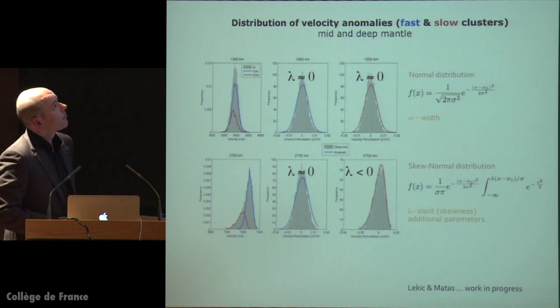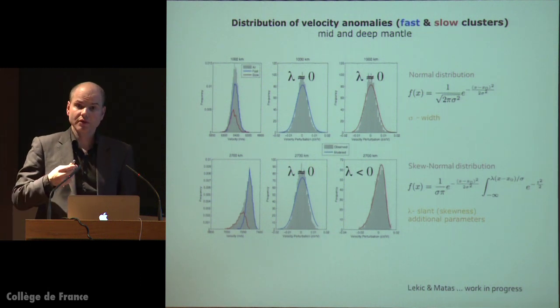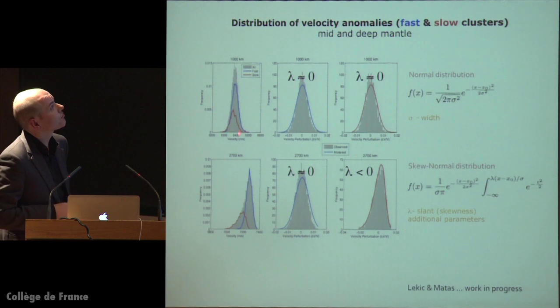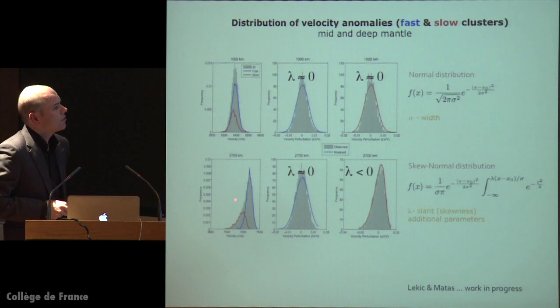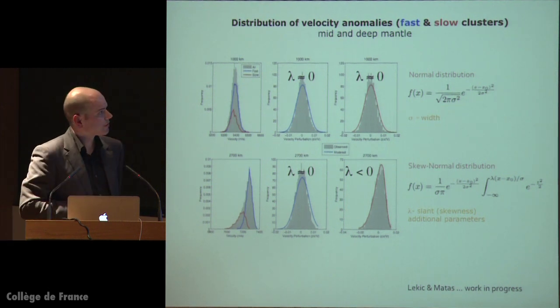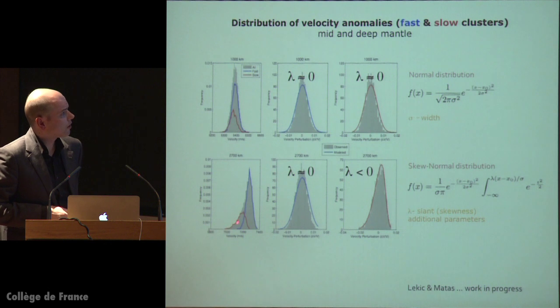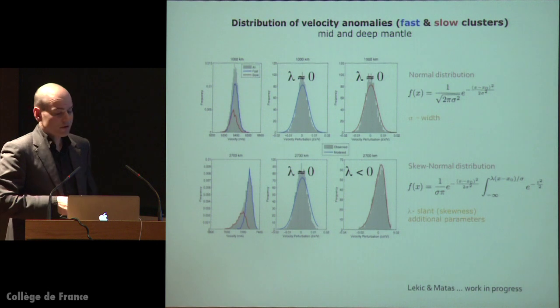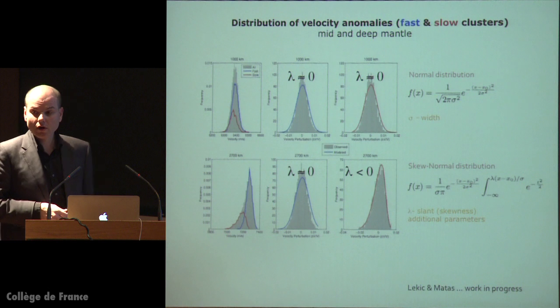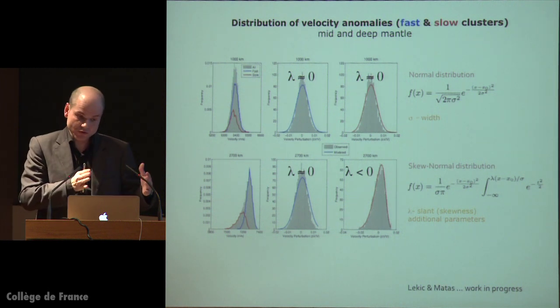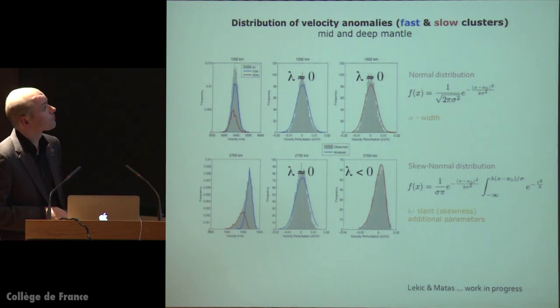So then we look at the distribution of the velocity anomaly. That's what is here in gray, at the depths of 1,000 kilometers and at the depths of 2,700 kilometers. You can see, and Paul Tackley also showed it in the earlier talk, that at 2,700 kilometers, the global density distribution is skewed towards the lower velocities, towards the smaller values of the velocity.